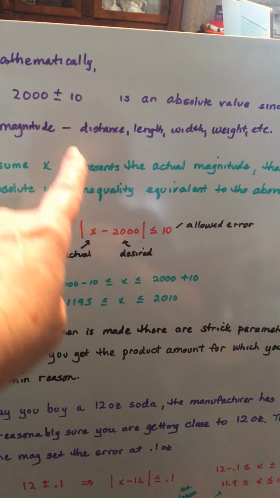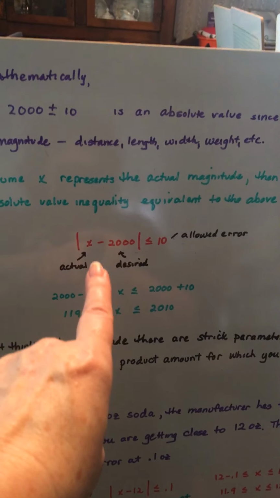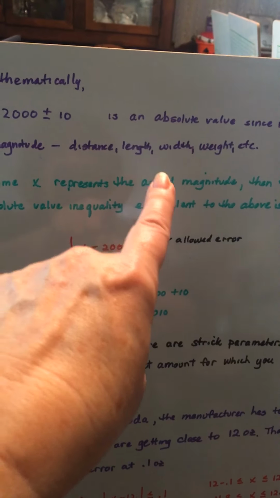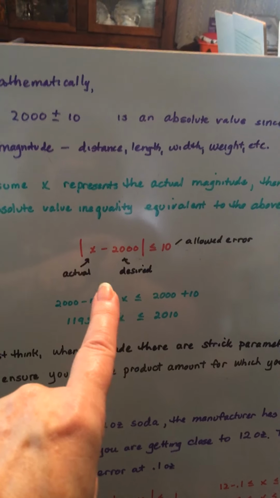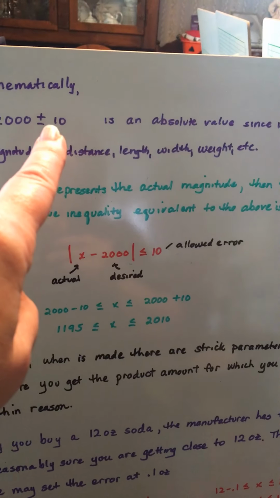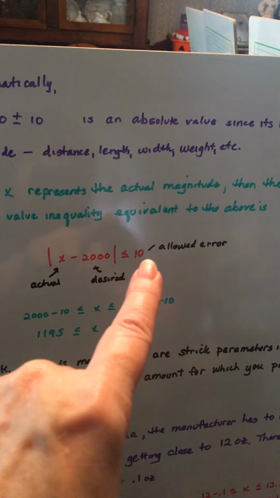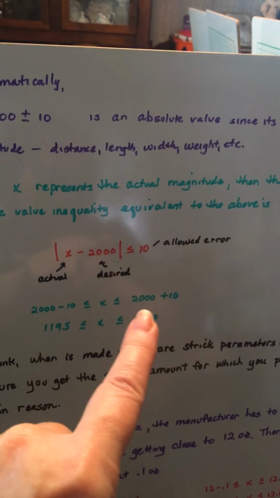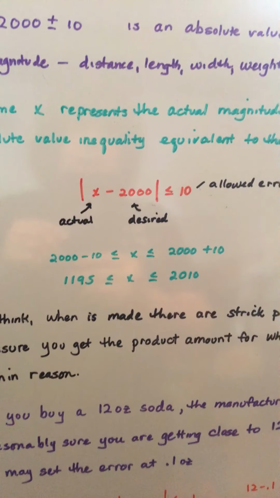Here is what I want. So I have to create its difference. So I'm finding its distance, in this case, a length or a height or a width, depending on what I'm talking about there. And I'm telling you, 10 is as far away as I can go. So this is an at least and at most situation with my error. And so you see I'm setting up the same inequality I did before.